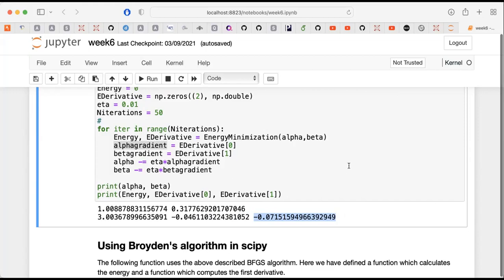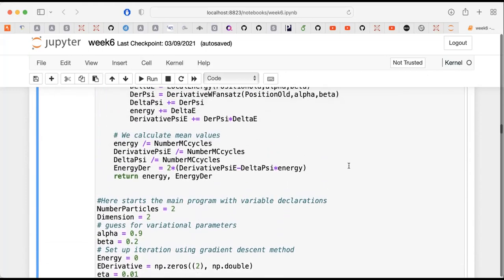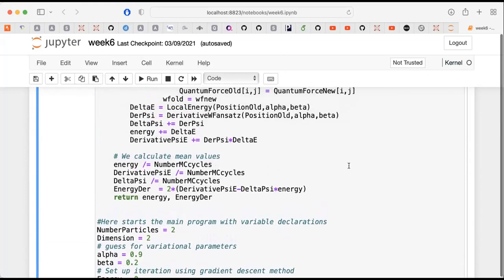Now, the thing I want you to observe is that the thing which will not change is the calculation of these derivatives. So you may use different methods to find the roots, that means where the derivative of the local energy is 0. This is the function we want to find the roots of.